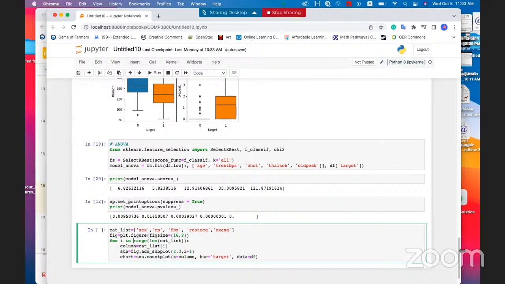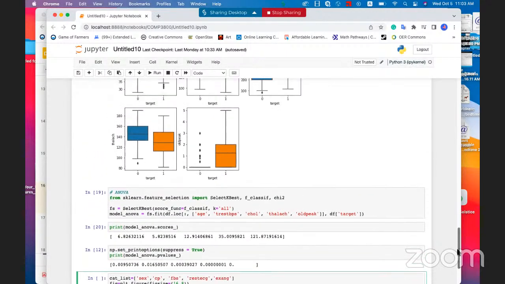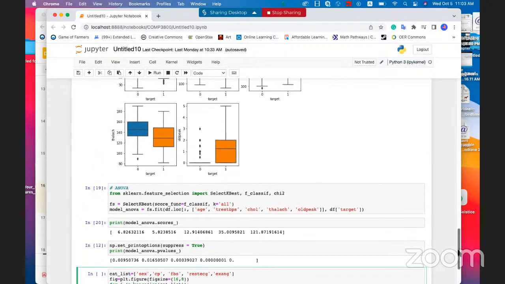So which one? Which one, the difference between the two groups, is less significant than the others? Which group is less significant? The highest p-value.